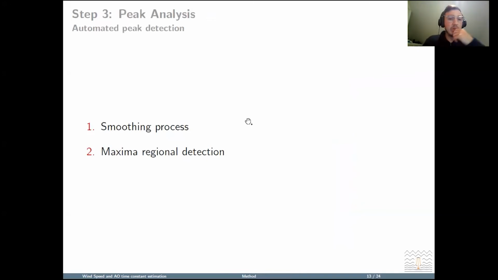Then, in order to find the peaks, we developed an automatic peak detection algorithm, which is split in two parts. The first one is a smoothing process, and the second one is a maximal regional detection.